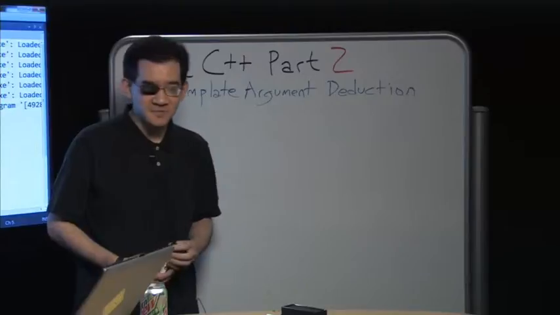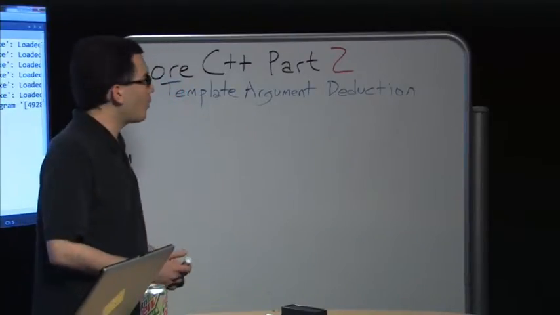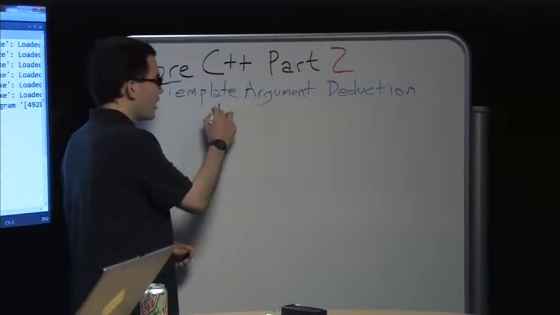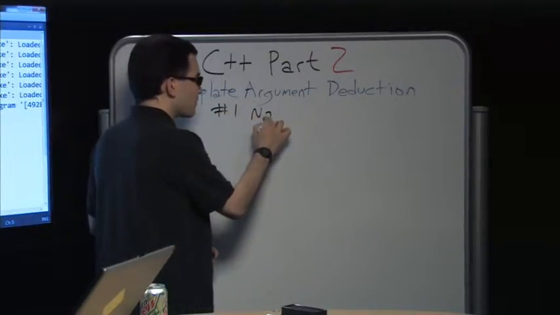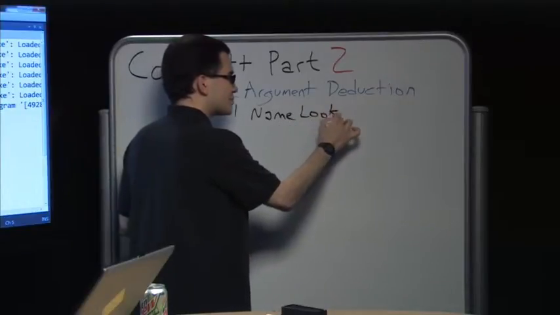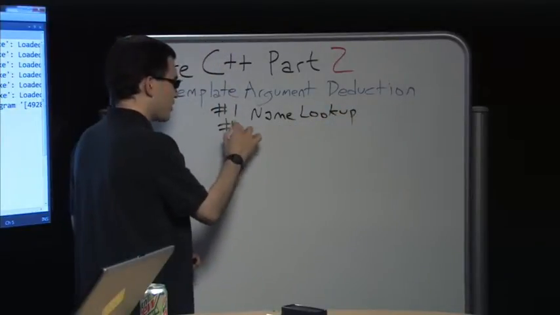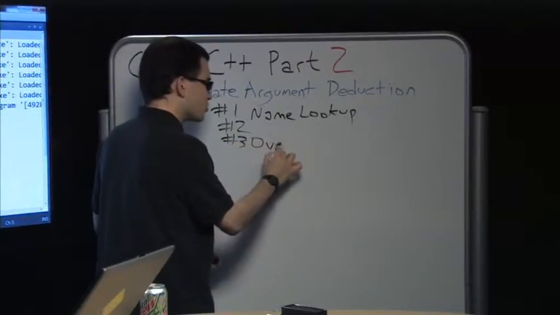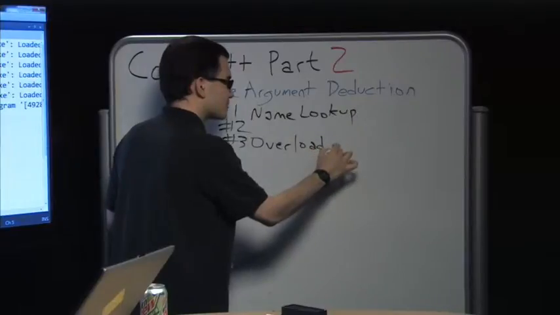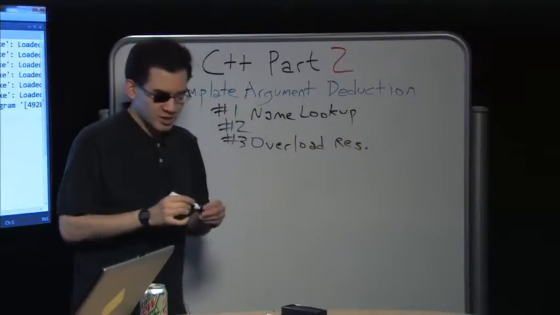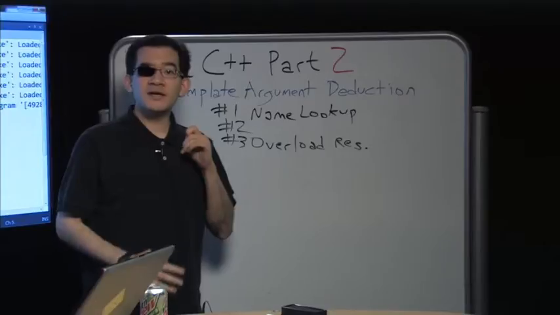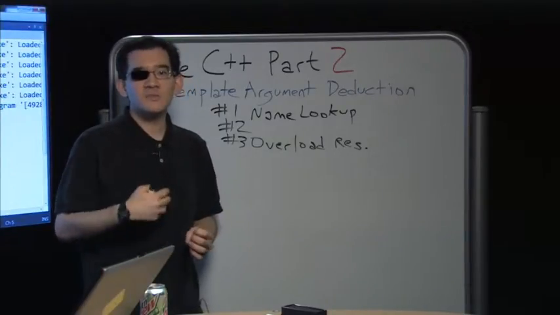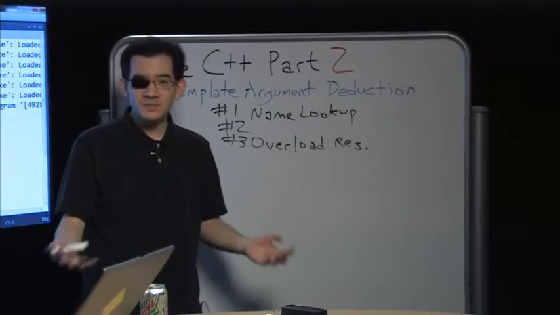As I explained in Part 1, when you call a function, a bunch of things happen in sequence. Part 1 was name lookup. And then today we're covering template argument deduction. And then this is followed by overload resolution, which after the compiler has found which function names, you've named a function, so the compiler has found all of the possible things you could possibly try to call.